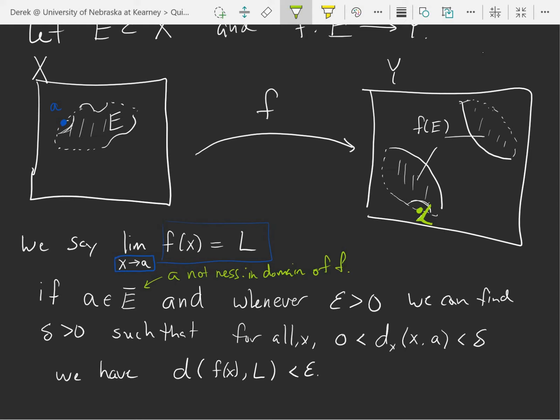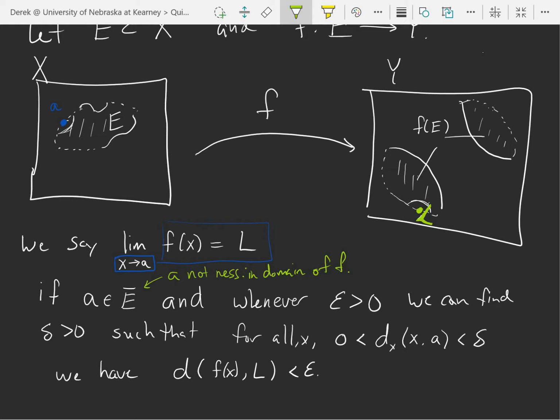And so E is the domain of our function. A just has to be a boundary point of that domain. Like 1 over x, I could take 0 to be what we're approaching in the limit, and that's not a problem even though 0 is not in the domain of 1 over x.